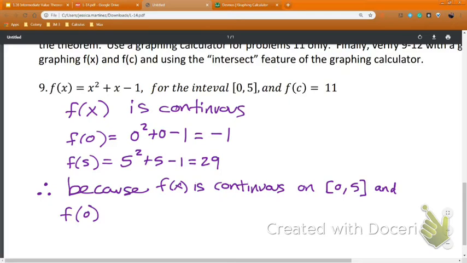In the last example we did this for, we said that f of 0 was greater than 0 because we were looking for a 0. We're not looking for a 0 this time anymore. We're looking at 11. So we got that f of 0 is equal to negative 1. Is negative 1 greater than 11 or less than 11? Less than 11. Okay, so this is our bound that's less than 11. So we're going to say f of 0 is less than 11, and f of 5 is greater than 11.